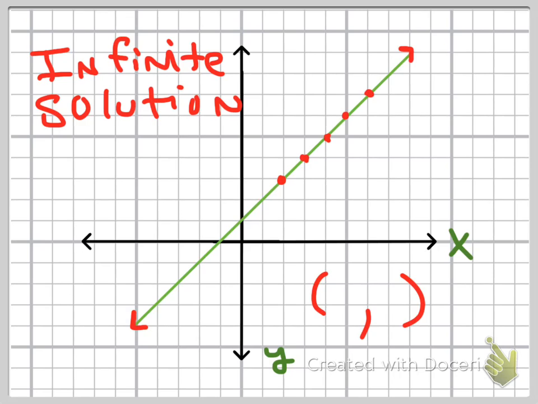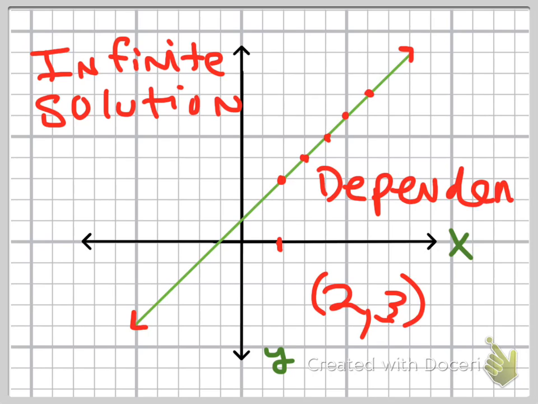The ordered pairs that would be the solutions would be, in this case, 2, 3 would be a solution. But there'll be an infinite number of them, but it won't be a random infinite. It'll be specific ones to the equation. So that's why it would be dependent on the equation, okay? Spell that right? I did.